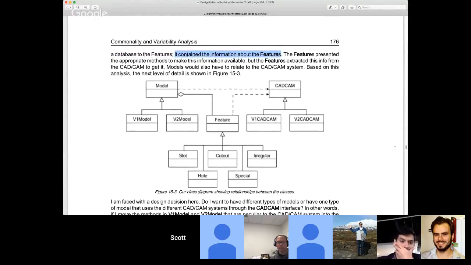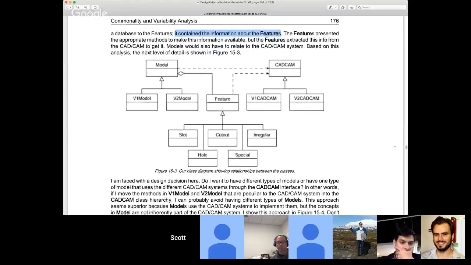The features presented the appropriate methods. And what he ended up with was a class diagram with these relationships. And I found this to be somewhat confusing. These dependency relationships at the top seem to be muddled and distributed.